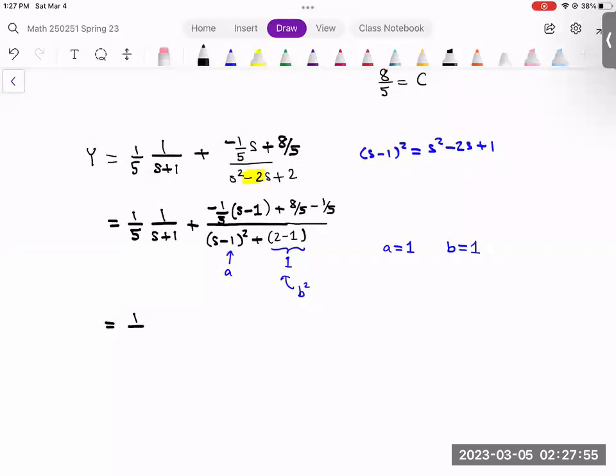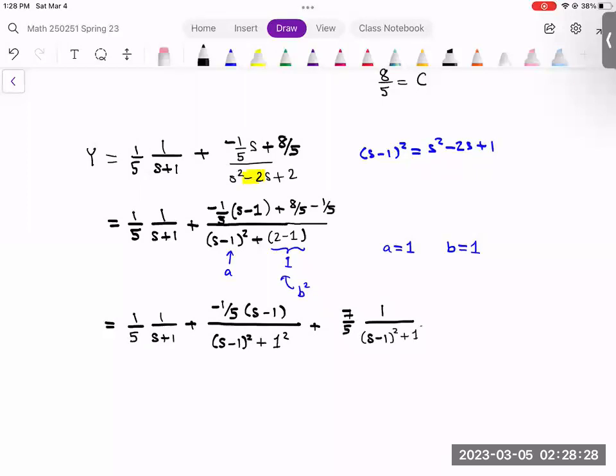Okay, so all told, we have 1/5, 1 over s plus 1, plus -1/5 (s minus 1) over (s minus 1) squared plus 1 squared. And then sort of off separately, we have 7/5 times 1 over (s minus 1) squared plus 1 squared. So this is our y.